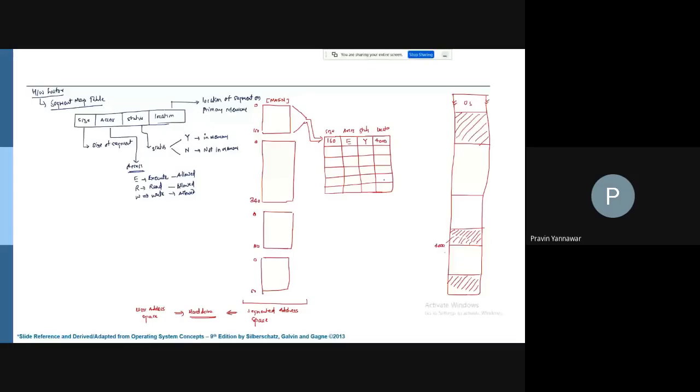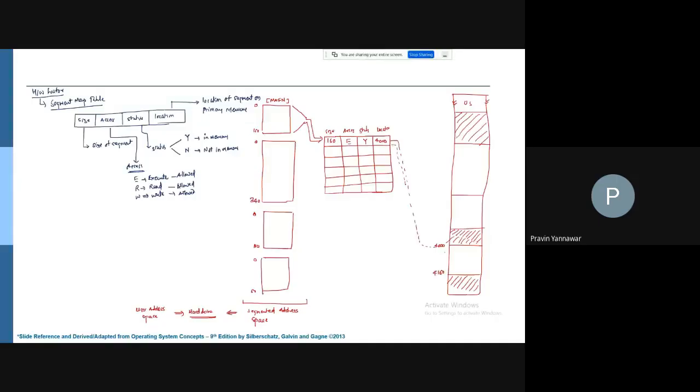Status is that it is in primary memory, and it starts at location 4000. Since the size is 160, it ends at 4160. So we can say that this is going to be in this particular location, in between this.